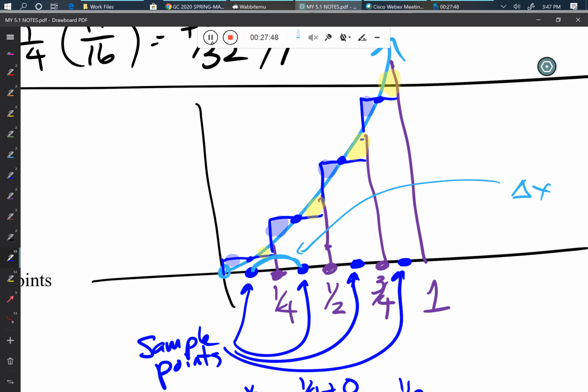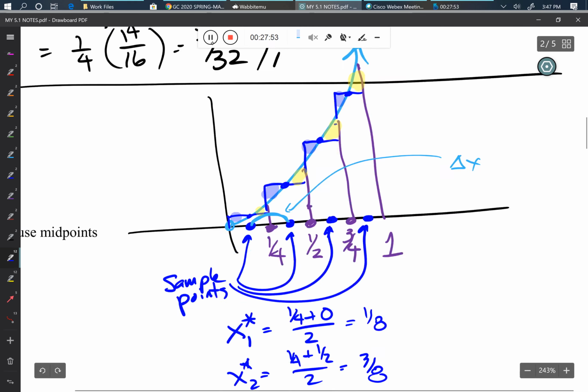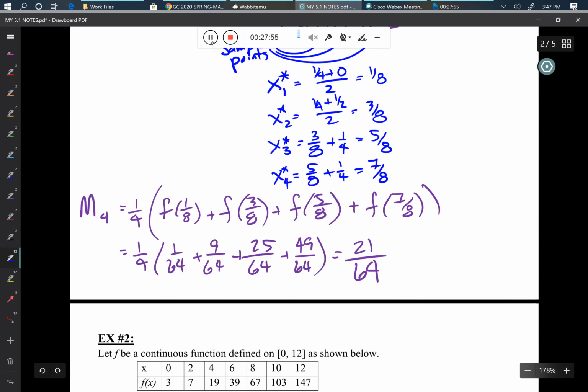Or clearly the yellow is bigger than the blue, so it's an underestimate. The reality is my drawing is nowhere near accurate enough to know, so I don't know whether it's an overestimate or underestimate, but what I do know is it's probably pretty close to the actual answer.